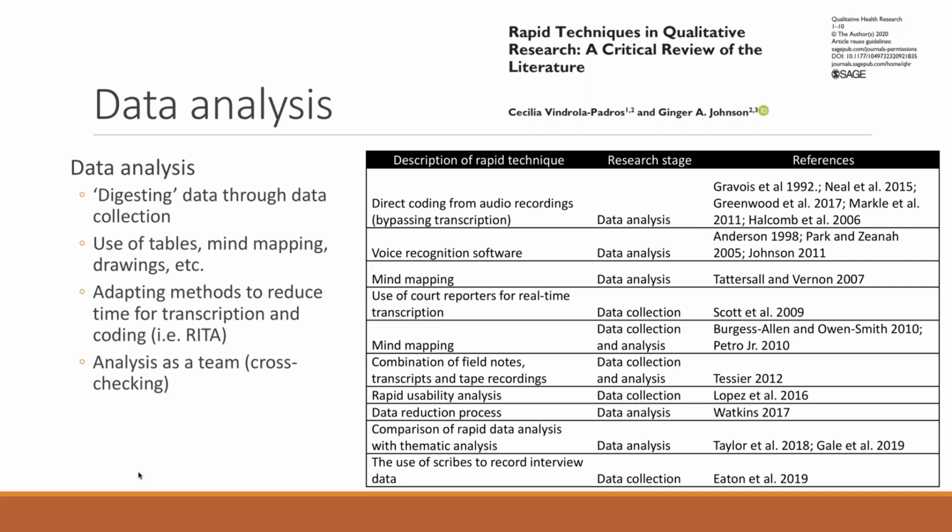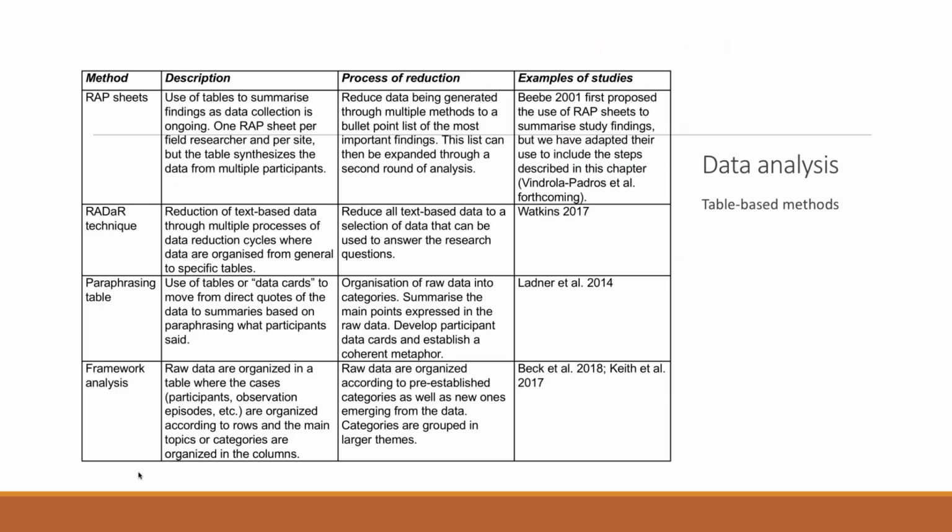So that's just to give you an idea, if you want to look at some of the techniques in a bit more detail. That's some of the key literature that we found so far. But when we're actually looking at rapid data analysis approaches, what we have found is that really most of the rapid qualitative research approaches that I've mentioned today tend to rely on some form of table-based methods.